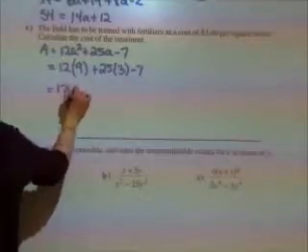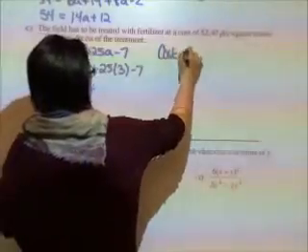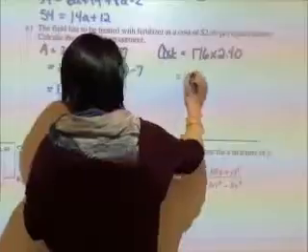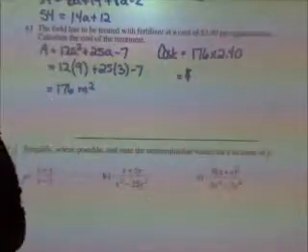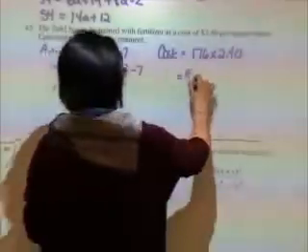So 176 square meters. So then the cost is $2.40 per square meter, which is how much money? $422.40.